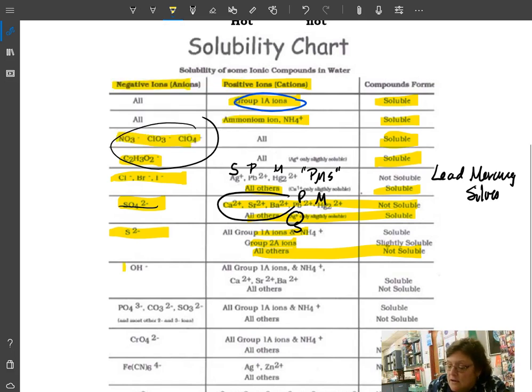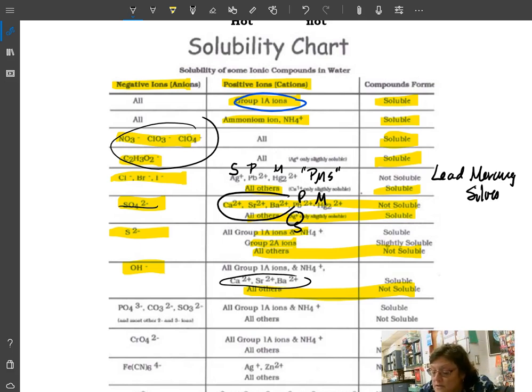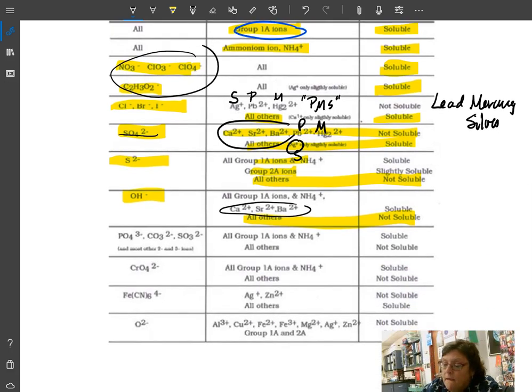Hydroxides, on the other hand, are usually insoluble. Here we have the exception, again, from our big 3 on the alkaline earth metals. Those guys are soluble. Everybody else is insoluble. If you have a phosphate, carbonate, or sulfite, for the most part it's insoluble, unless it's alkaline earth or ammonium.